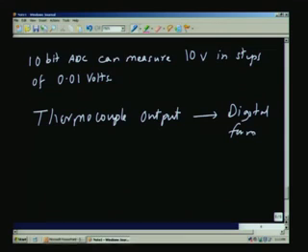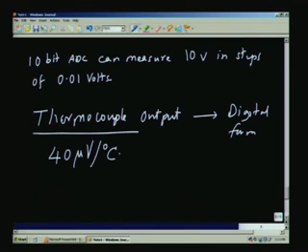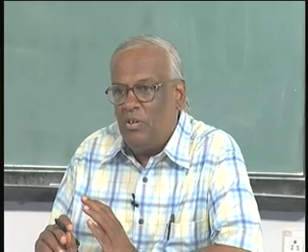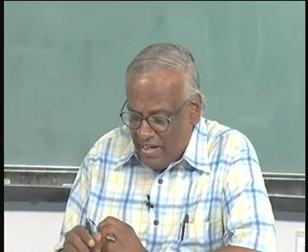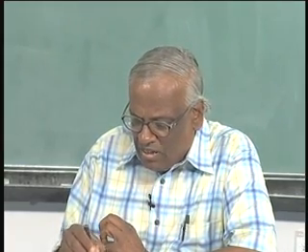We know already that for a thermocouple it is normally about 40 microvolts per degree Celsius. So, if I want to resolve 1 degree Celsius, I need to sense 40 microvolts.